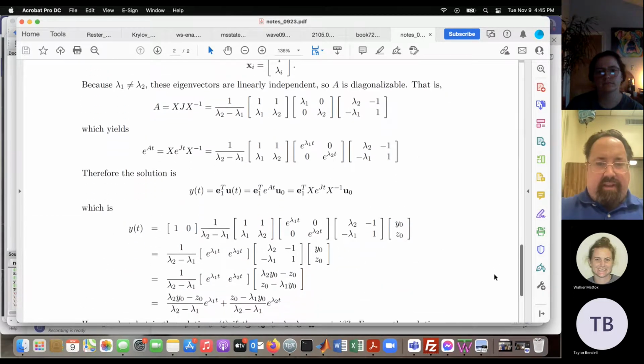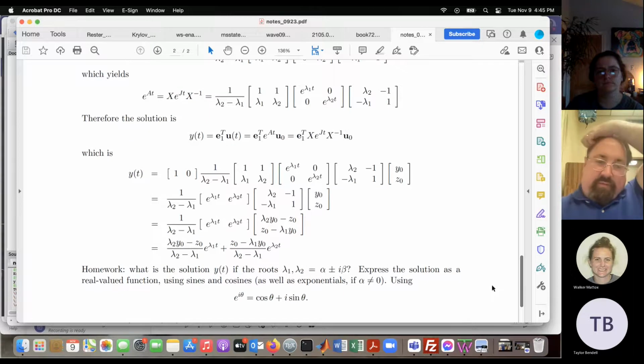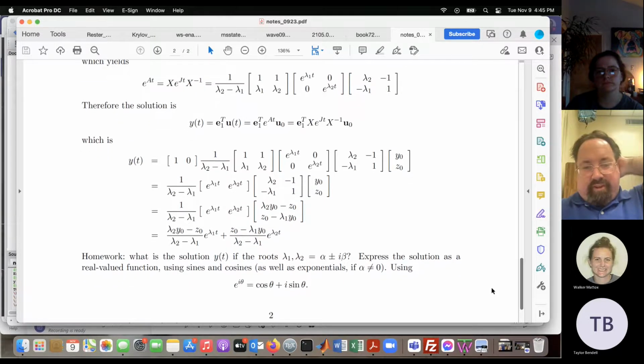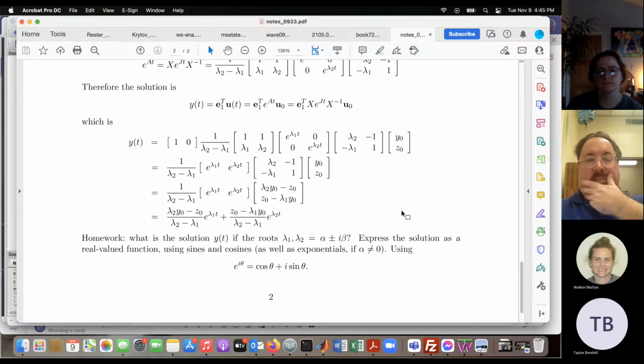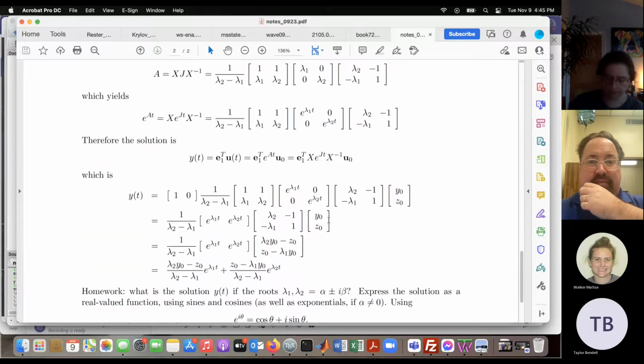Okay. Yes, this is it. So it actually kind of builds on this problem, because what you have here is a formula for e to the At, and this formula is valid as long as the eigenvalues lambda 1 and lambda 2 are distinct, which in the case of this final problem, they are distinct, but they are also complex.